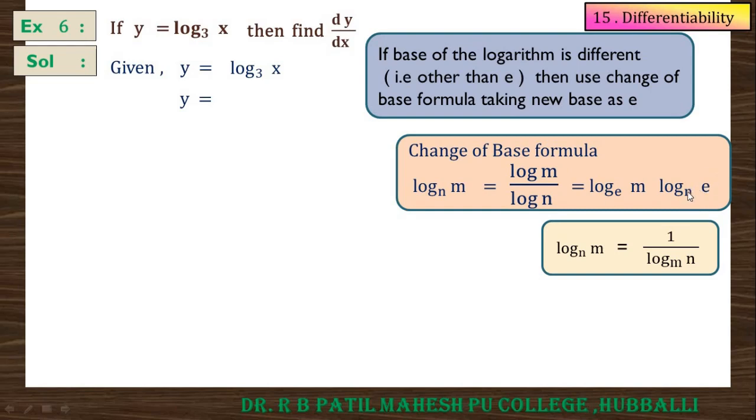Is it clear? So this product is also nothing but the change of base formula, and in this way also you can write log m to the base n. It is very simple. Log m to the new base you write. After that, log new base to the old base. This is the way of following. Log m to the new base into log new base to the old base. Here the base is e.